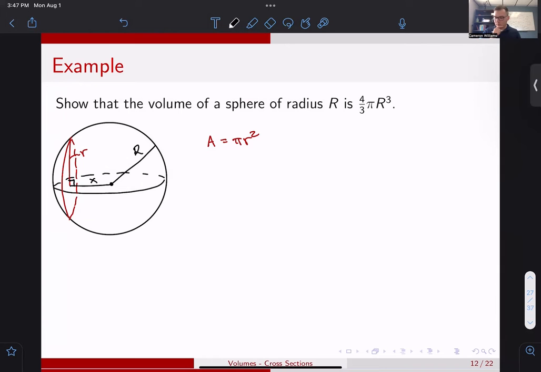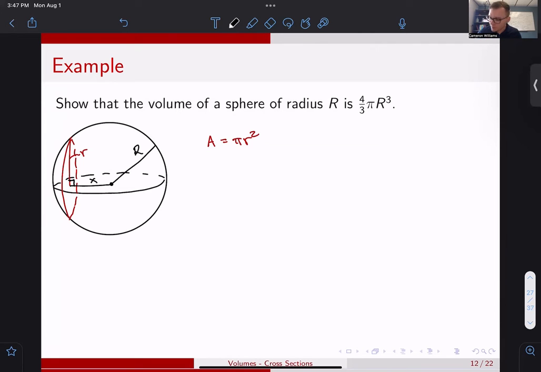All right. So the definition of a circle is it's all the points that are the same distance away from a central point in a plane. A sphere is the same idea, but in three-dimensional space. Every point on the sphere is the same distance from the center.